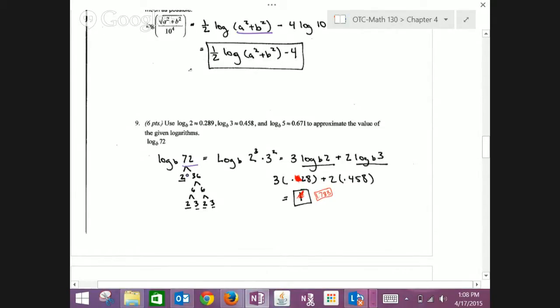The factors of 72 are 2, 2, and 2, and 3 times 3, so 3 times log base b of 2 plus 2 log base b of 3. Log base b of 2 and log base b of 3 were given. Plug that in your calculator and you get 1.783.